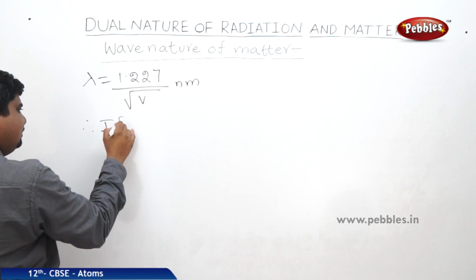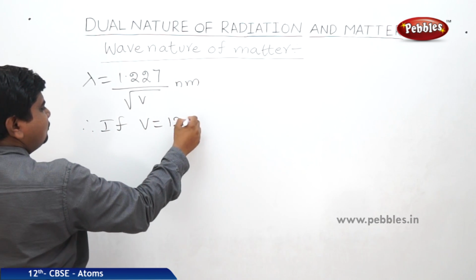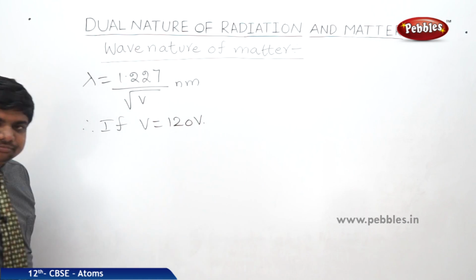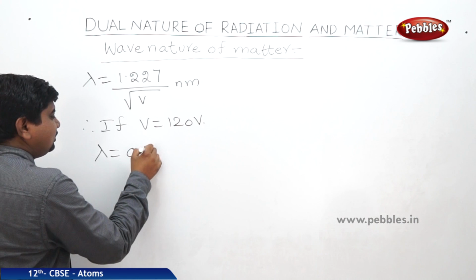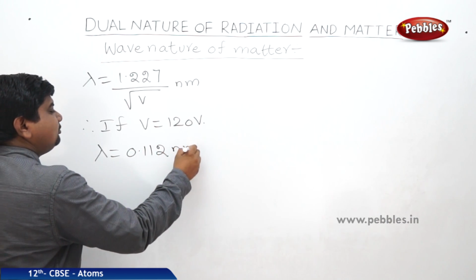Suppose the potential is equal to 120 volts. If you substitute the values, you will get lambda is equal to 0.112 nanometers.